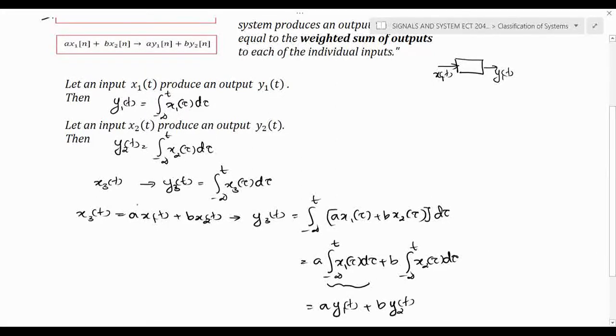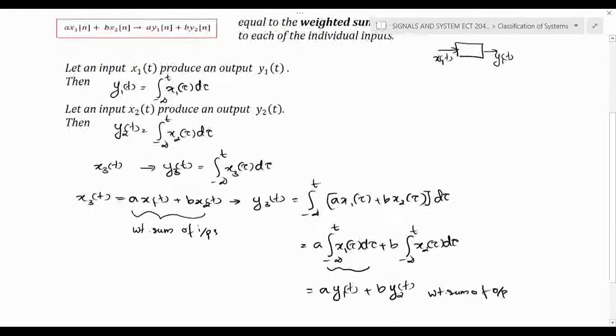So for the given input a x1 of t plus b x2 of t, that is a weighted sum of inputs, you are getting output as a weighted sum of outputs. So we can call the system linear.